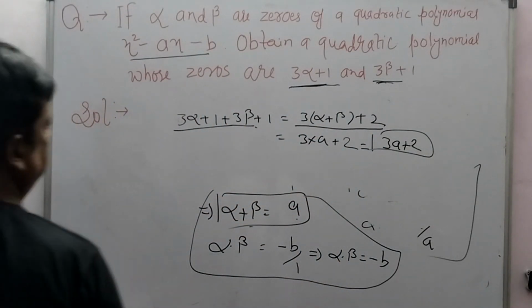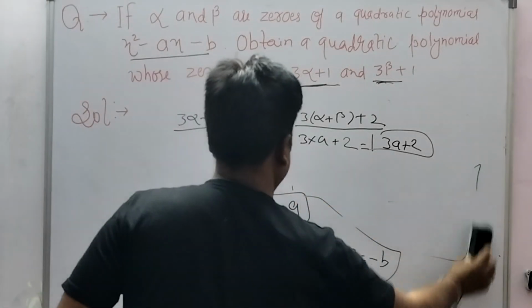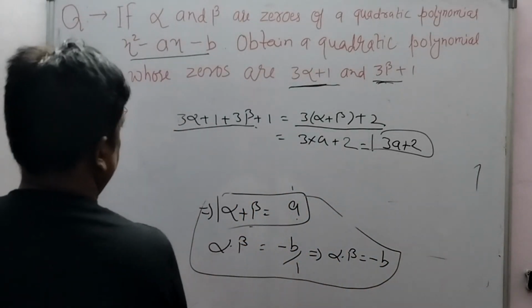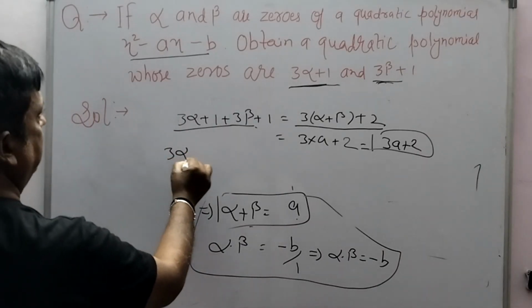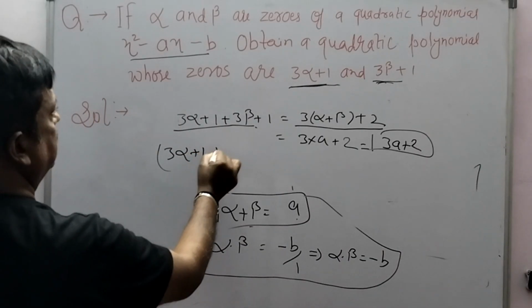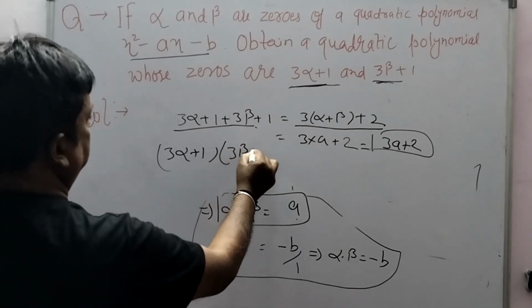Now the product of the roots means 3 alpha plus 1 into 3 beta plus 1.